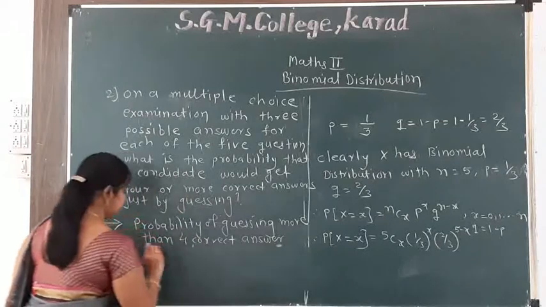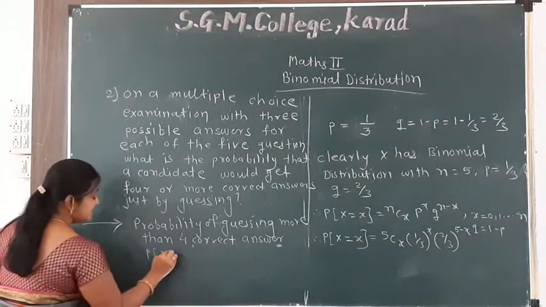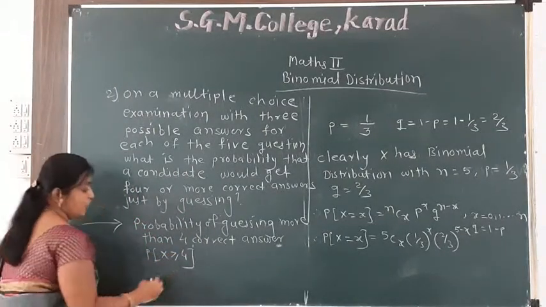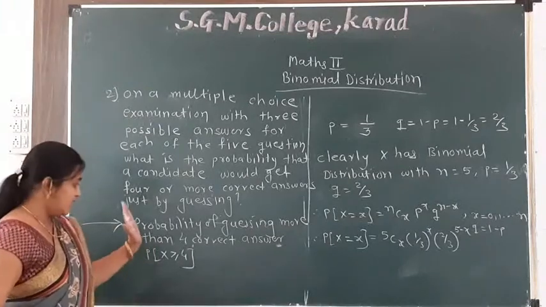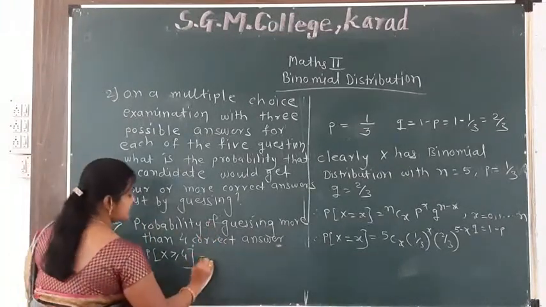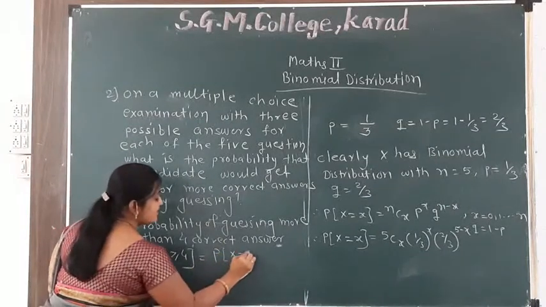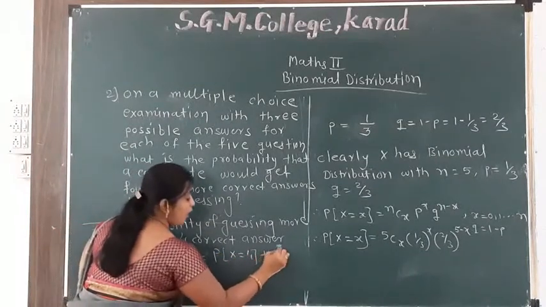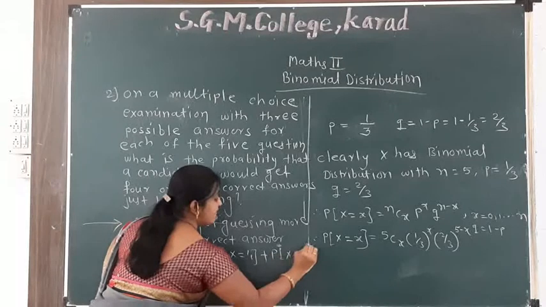That means P of x is greater than or equal to 4, meaning at least 4 or more than 4 can come. So what is the possibility here? P of x is equal to 4 plus P of x is equal to 5.